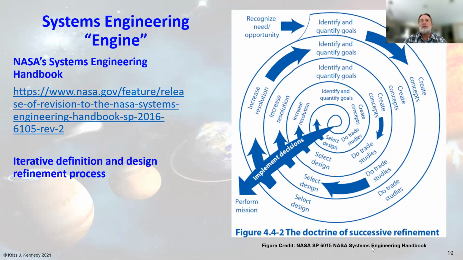It also is described as an engineering constant design and iteration cycle of identifying your goals, developing and creating concepts, doing trade studies, selecting the design, and increasing the resolution. You keep going and going until you've satisfied all the requirements, you have all the functions defined, and you have a concept that satisfies it.